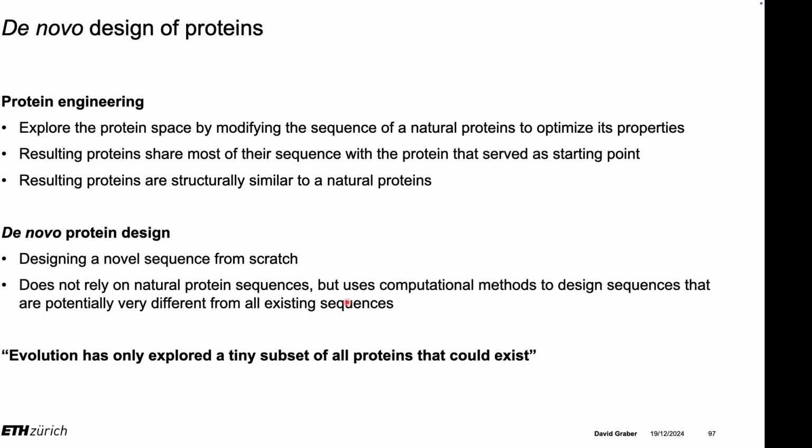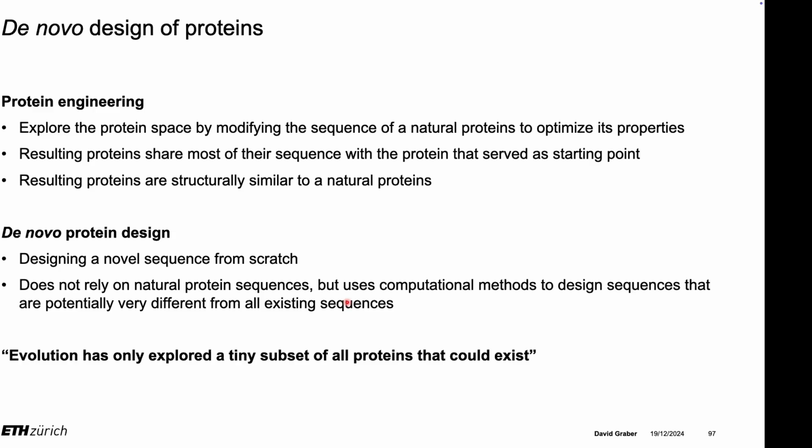So everything that we've seen before now related to proteins was basically protein engineering, where you explore the protein space by just modifying an existing protein to optimize its properties. So the resulting proteins usually share a lot of their structure and also their sequence with the protein that served as a starting point.